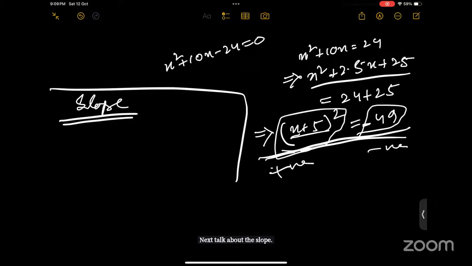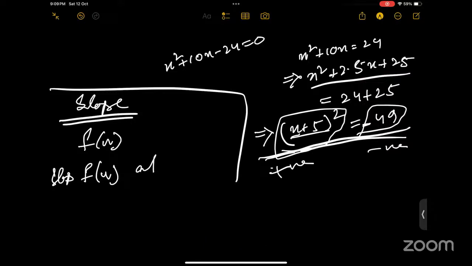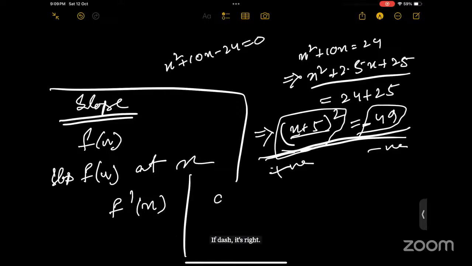So we can next talk about the slope. We know that if we have a function of x, the slope of fx at the point x is nothing but f dash x. So in this case also, if we have the parabola ax squared plus bx plus c, this is our fx, our y is the same as our fx.